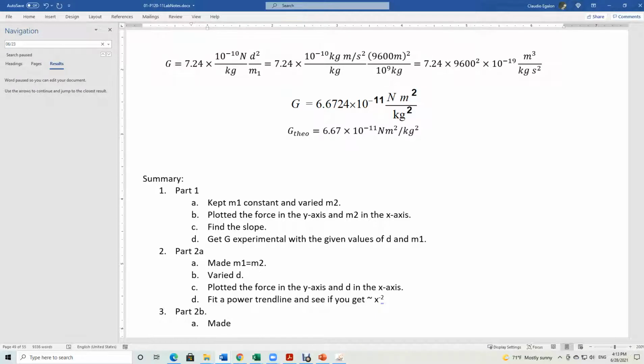Part 2B. Made x equal to 1 divided by d squared.